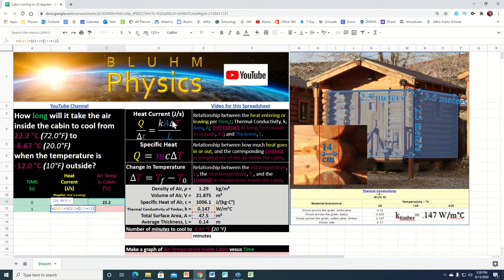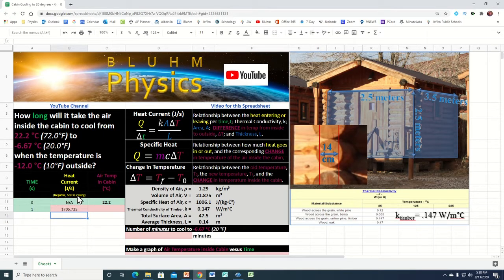That's that term there. Now I just need to divide by the thickness of the walls, and the average thickness of those walls is this number here with dollar signs. When I hit enter, the cell did not turn green, because I wasn't careful with what direction the heat was flowing.